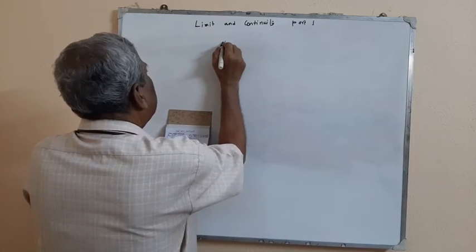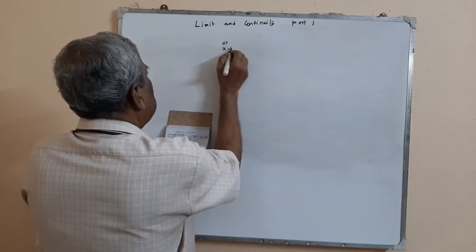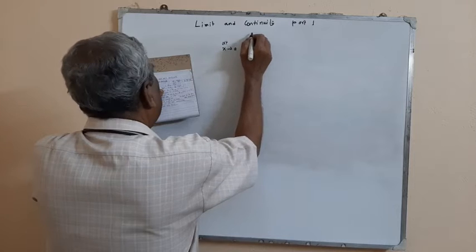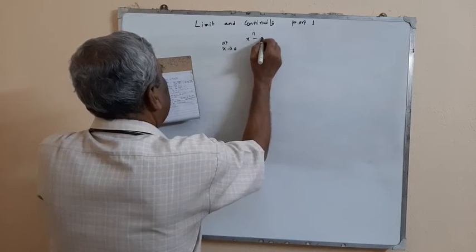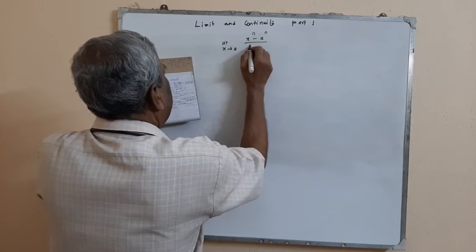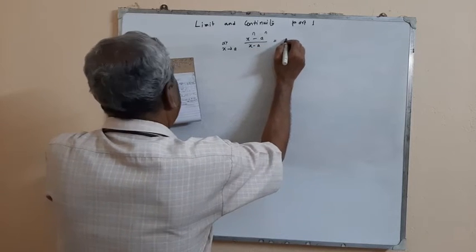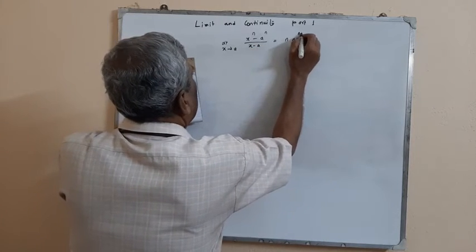Number one, limit x tends to a, x to the power n minus a to the power n by x minus a, it is n a to the power n minus 1.